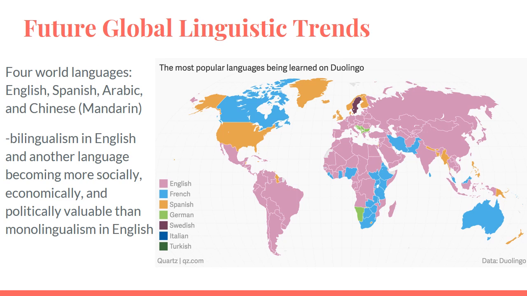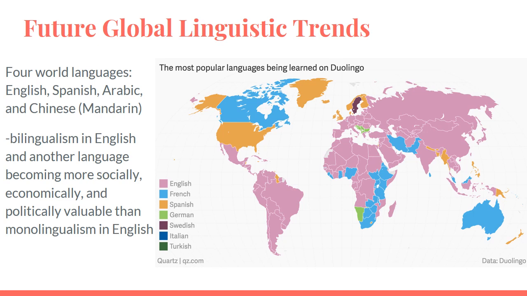The Quran is written in Arabic, and that, along with increased demographic trends in the Middle East and in South Asia and Southeast Asia, there's been a large growth in native Arabic speakers as well.